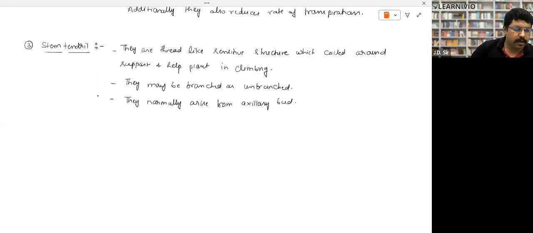Fourth one, cladode. Cladodes are just like phylloclades. They are green stems with limited growth.